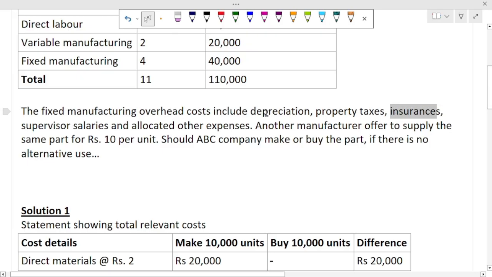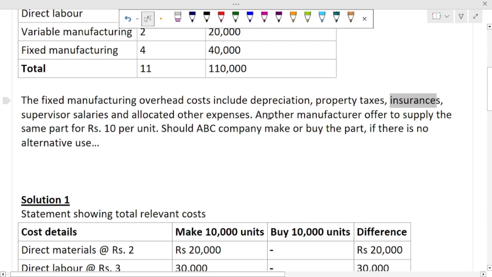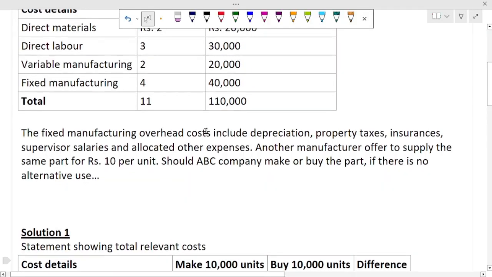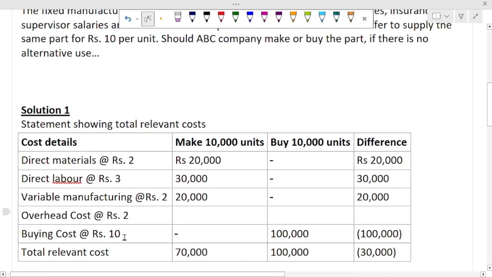All these other things are still there, whether you are making it or you are buying it. Thus, we do not consider it. We consider it irrelevant. So that's why it's not here. Even the overhead cost of 2 rupees is not considered in making or buying.